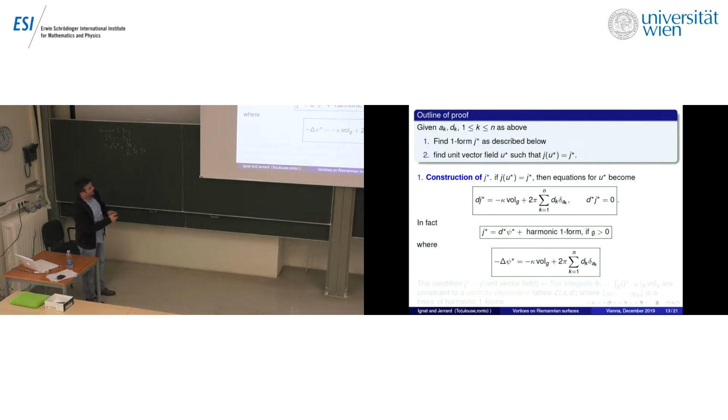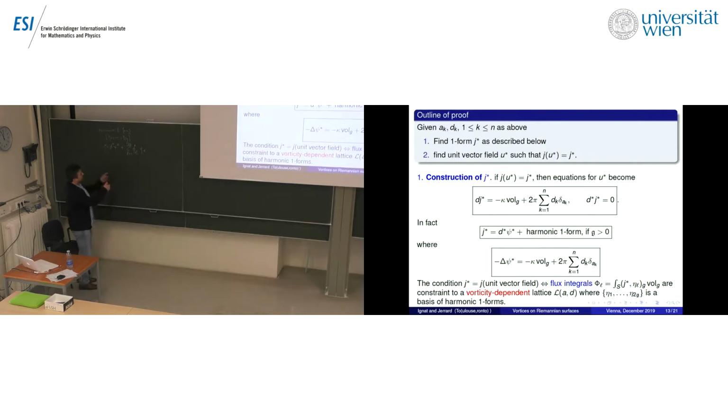Okay? So now the question is, for such a solution, can you find a unit vector field that satisfies this? You can solve it provided that these, which are nothing but the projections of the current on the one forms, belong to a lattice.